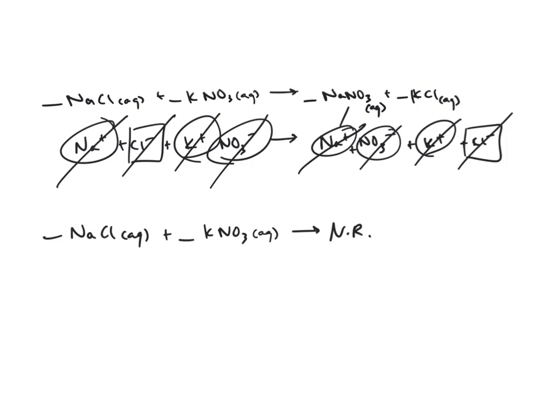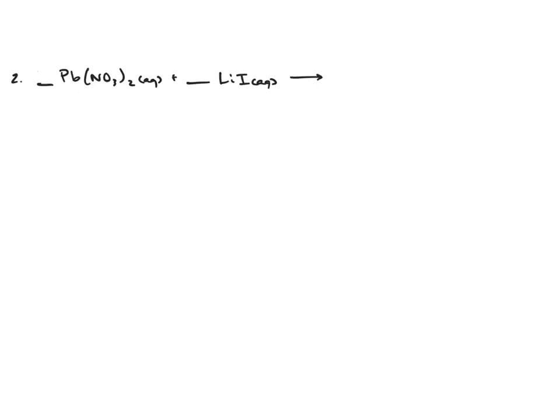It just looks like the two solutions are now one thing. It didn't actually form any solid, so we get no reaction there. So if you end up with two aqueous products, you don't actually end up with products at all. You end up with no reaction. So that is one situation to keep in mind. Make sure you've got that down as an example in your notes as well.